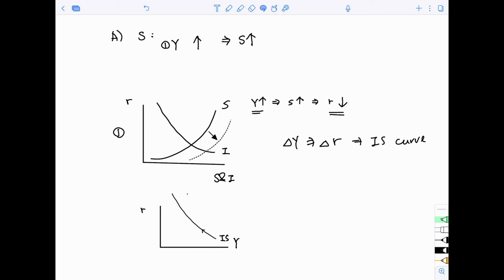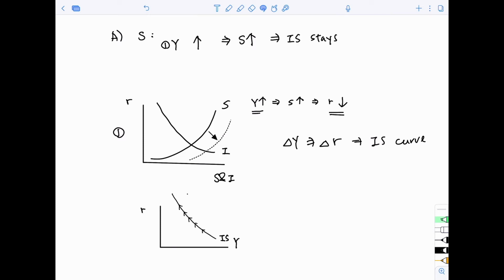Therefore, when there is a fall in Y, it causes an increase in the R because saving should fall. Because of that, when the Y changes, it will move along this IS curve.